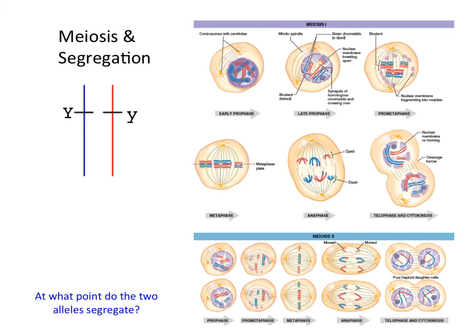Haplotype. What's a haploid cell? A gamete. So we're talking about the genotypes of gametes when we talk about haplotypes. So big Y is a haplotype, little y is a haplotype. So the number of rows and columns represent the different types of haplotypes that the parents produce.